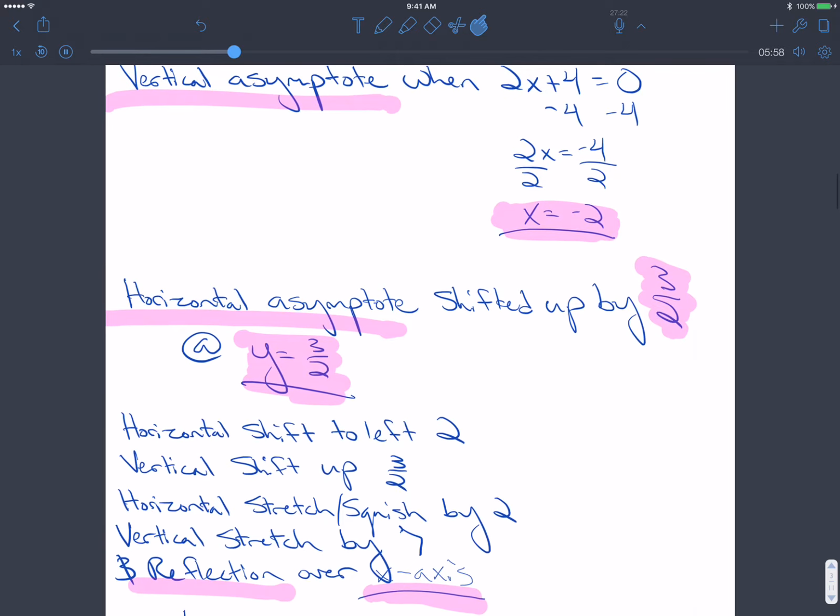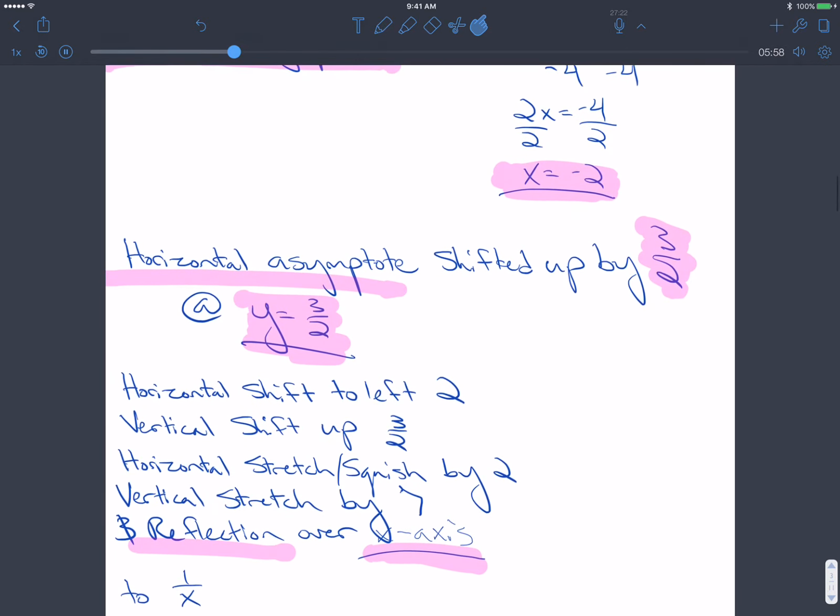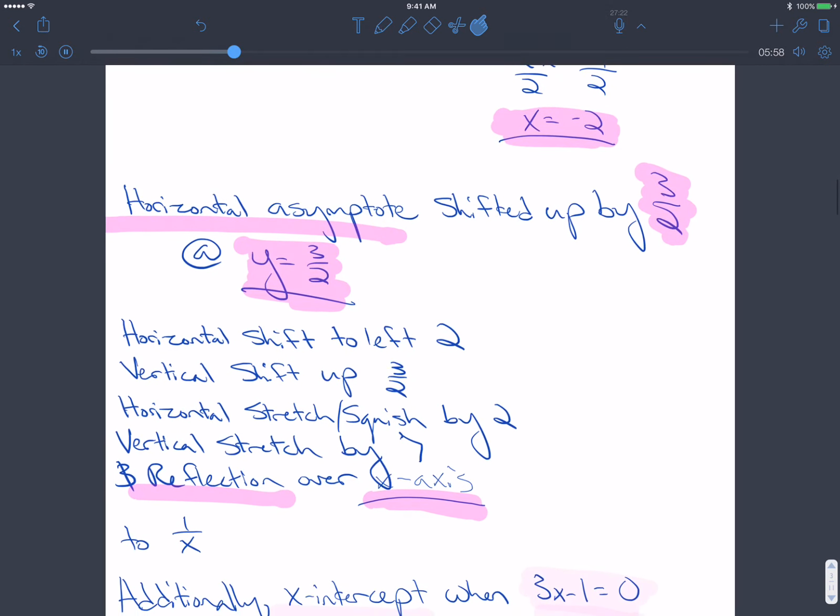Now, if I apply these transformations, we can see it in the graph. But there's one more thing that gets added to this particular function because we have a function of x in the numerator, the 3x minus 1 term in the original function, because we had 3x minus 1 over 2x plus 4.